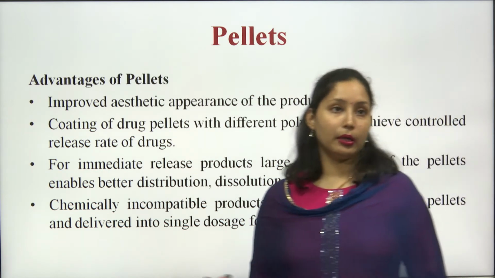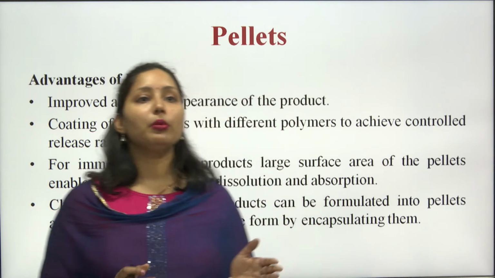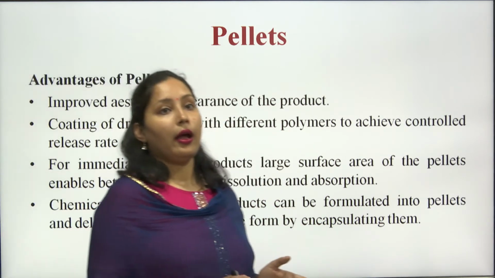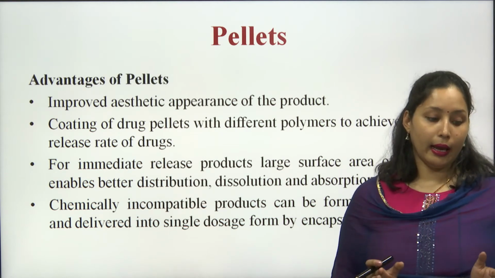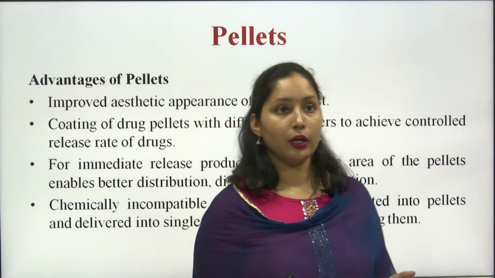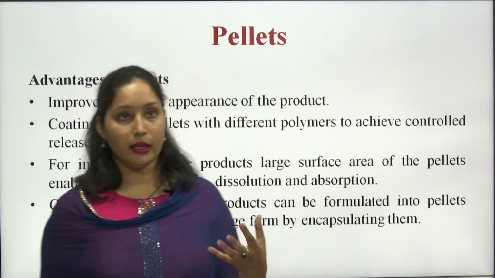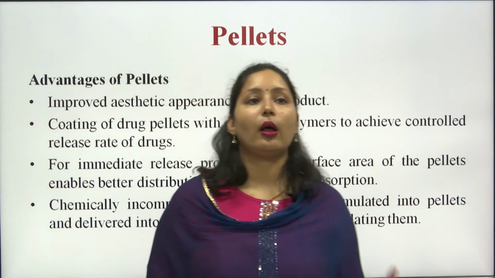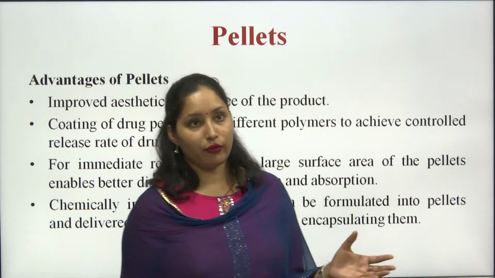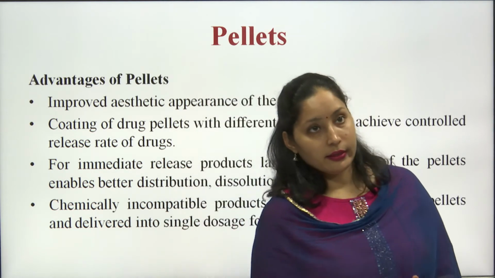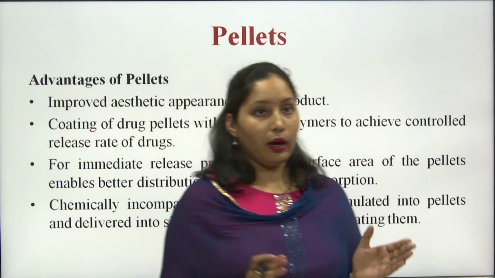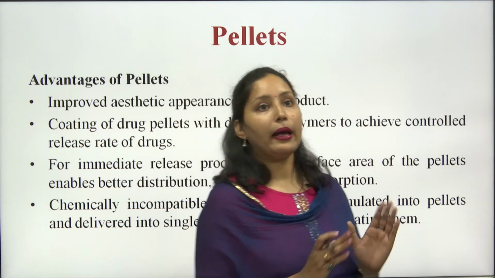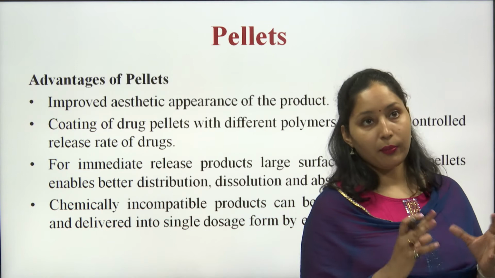Chemically incompatible products can be formulated into pellets and delivered in a single dose form by encapsulating them. So, those chemically incompatible products can also be formulated as pellets and easily delivered in a single dose form by giving a proper encapsulation.